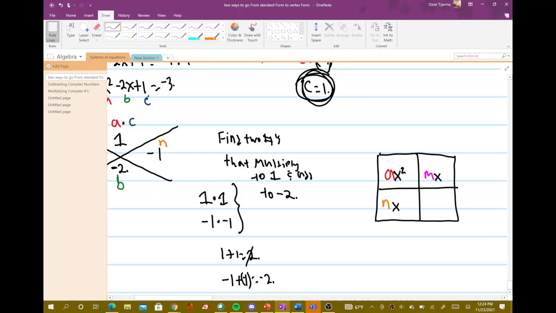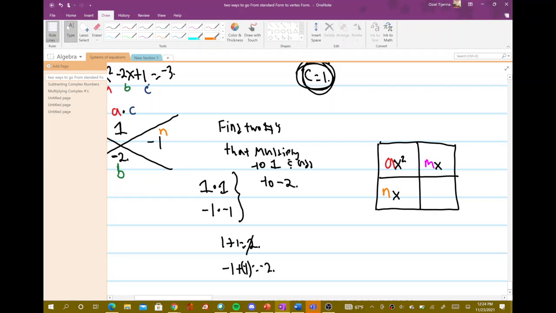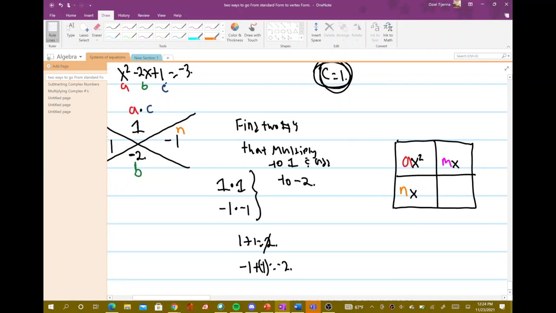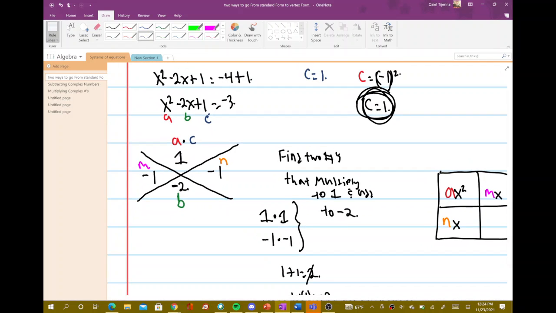This is the form, okay? I know it's a lot, but it's literally how we do it in algebra, so it's very important to understand how this is done.